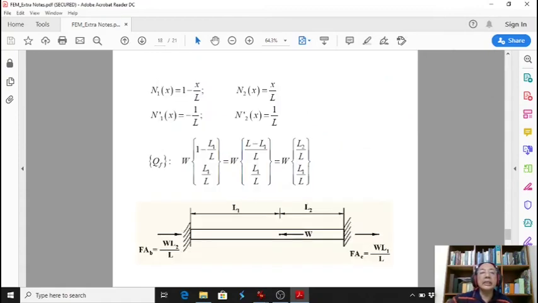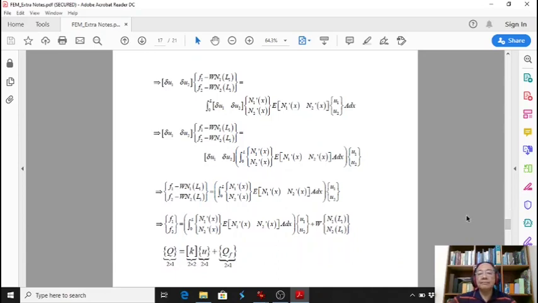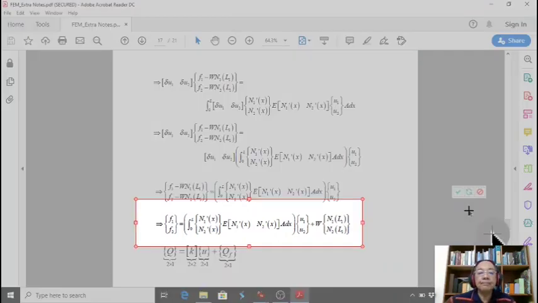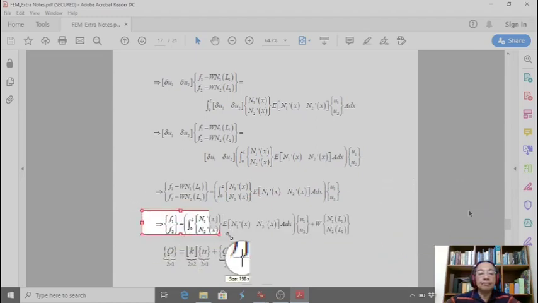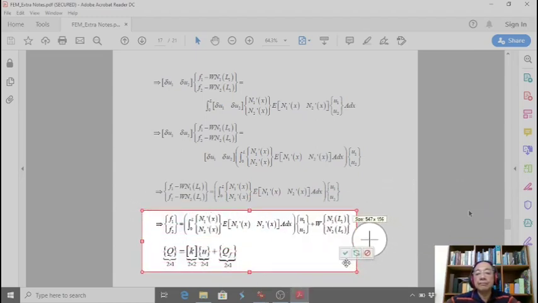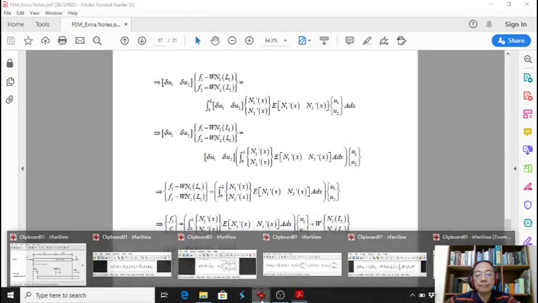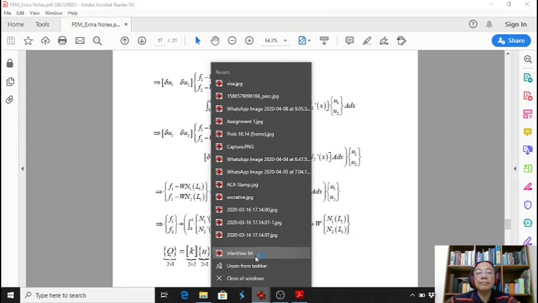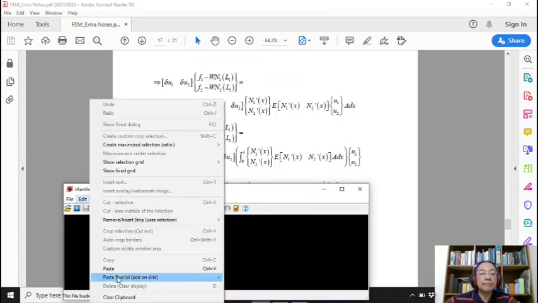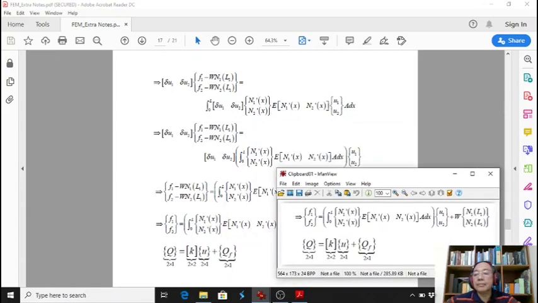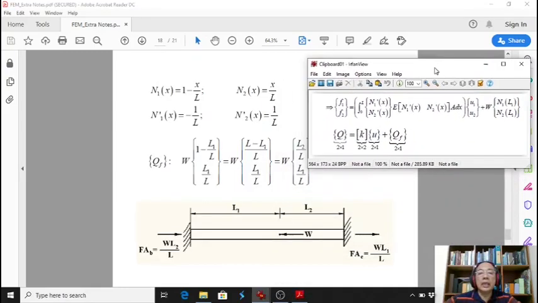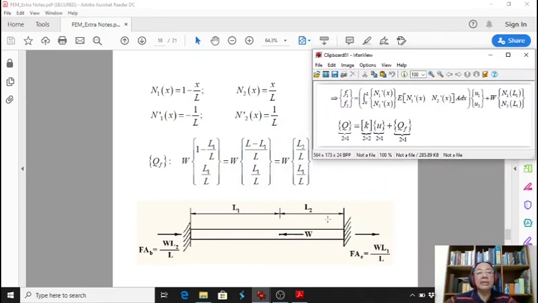Okay, next in the next slide, the expression for N1 and N2, you can refer back to the previous slide.